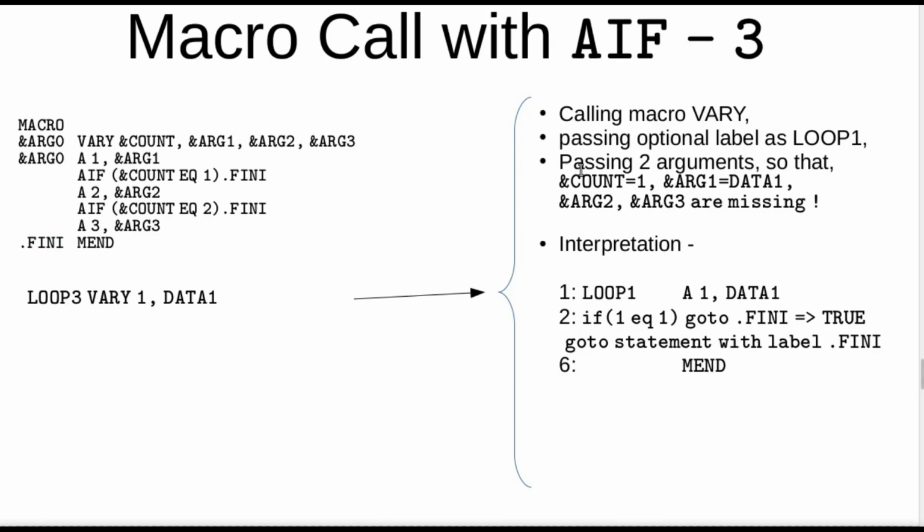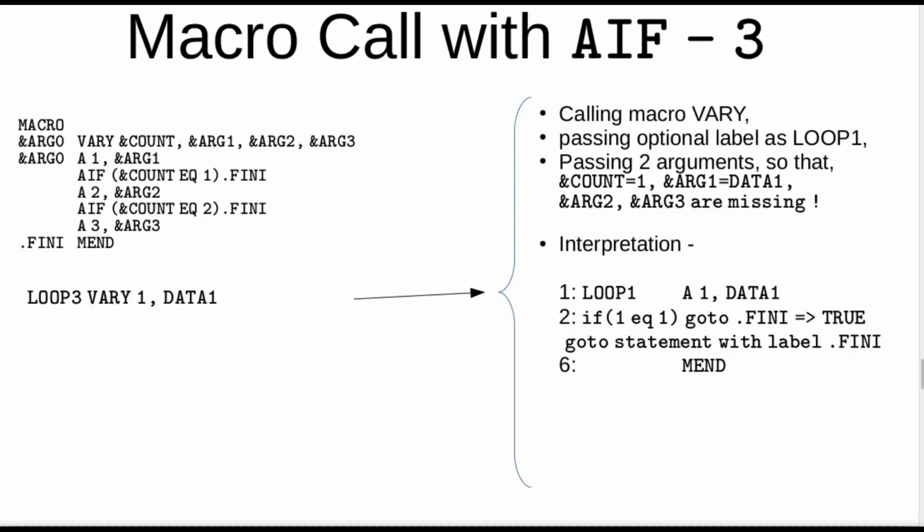So this is again another form in which we have modified the same set of source instructions by different use of parameters, right? By varying the value of particular arguments and using that in combination with the branching statements or the conditional statements such as AIF. Fine.